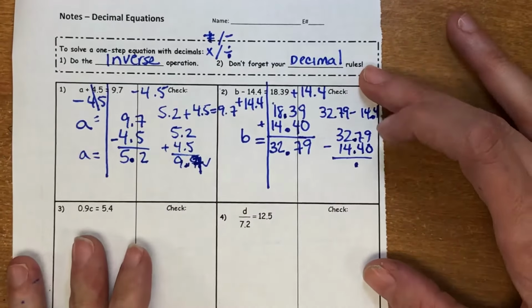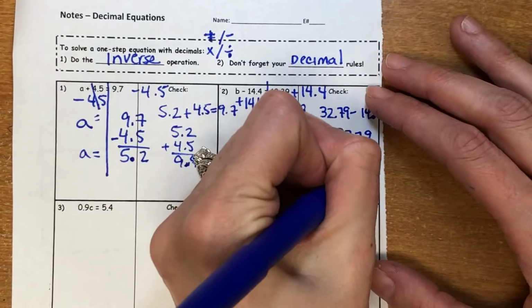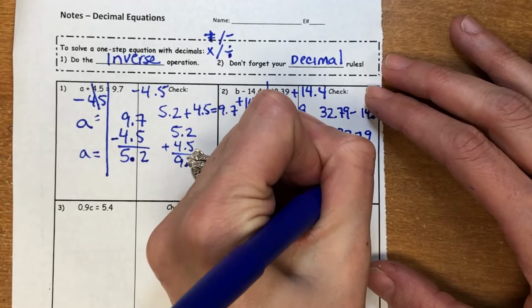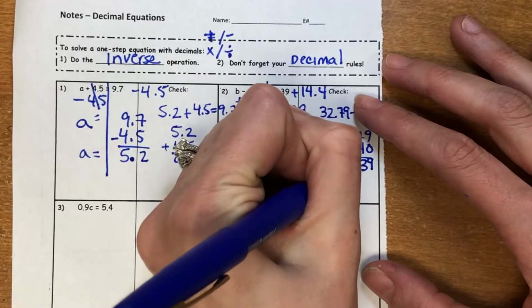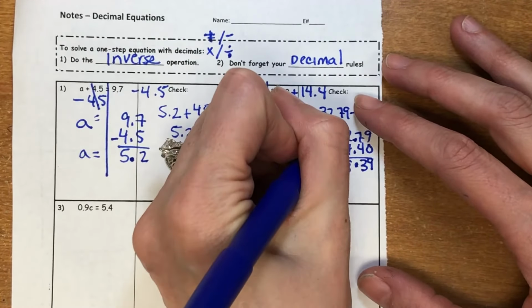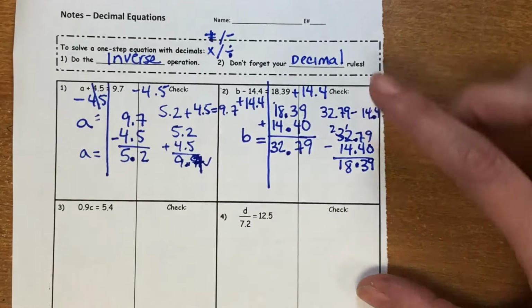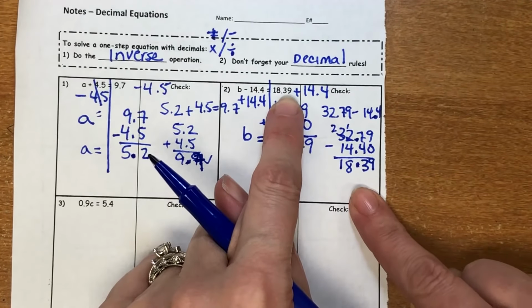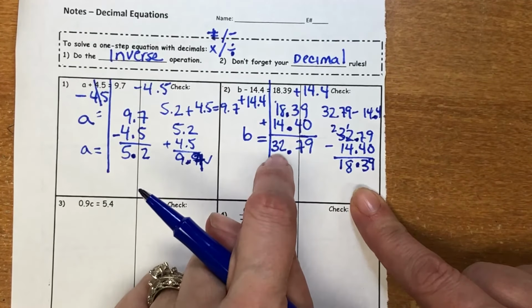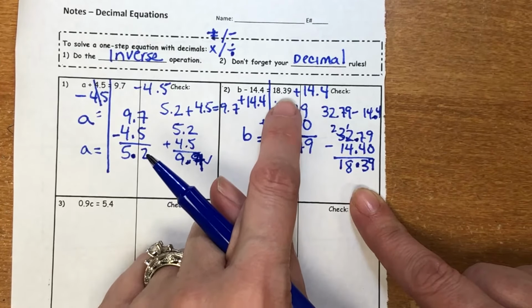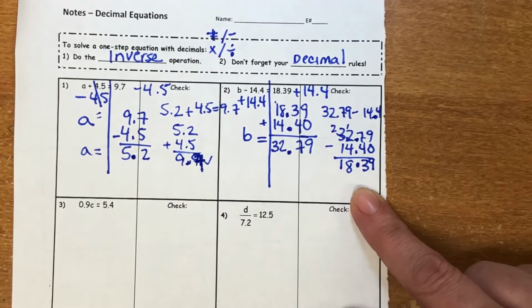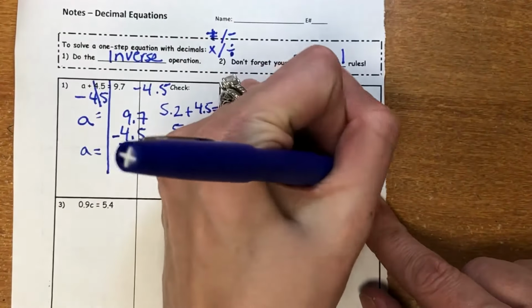Put your placeholder in there and then subtract. So as you can see, I should be able to get 18 39. So it checks. Okay? So I substituted my answer for the variable, I subtract, I should get 18 39. It checks. Okay?